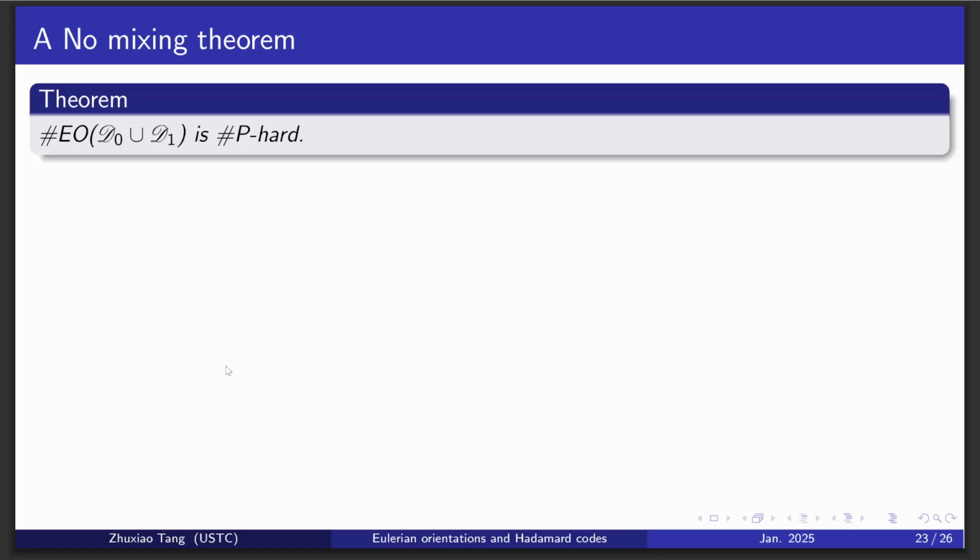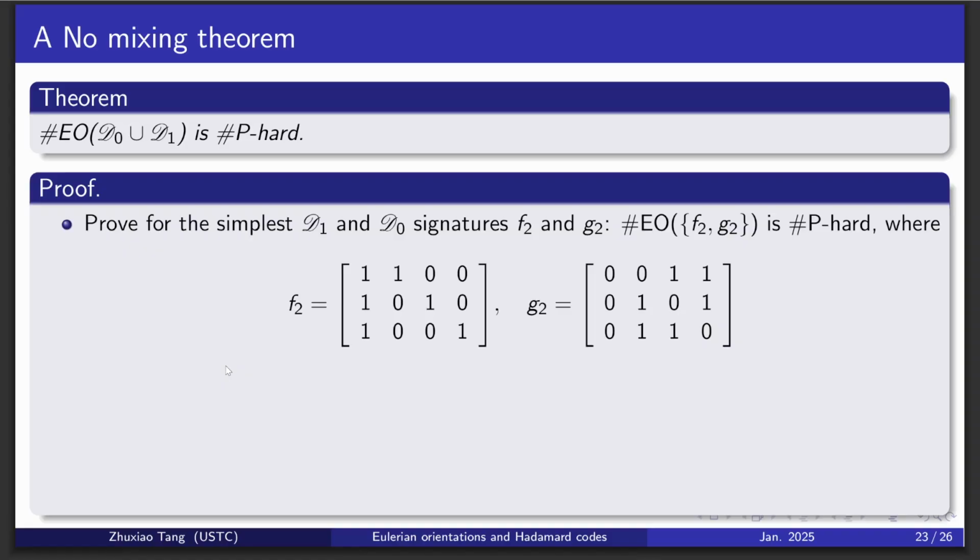Finally, we prove a no-mixing theorem between D0 and D1. Here is a proof sketch. First, we prove it for the simplest D1 and D0 signatures, F2 and G2. We prove that the EO problem characterized by F2 and G2 is sharp-P hard. The signature F2 is exactly the constraint function for the 6-vertex model. This is well studied, and we can prove this problem parameterized by F2 and G2 is sharp-P hard.